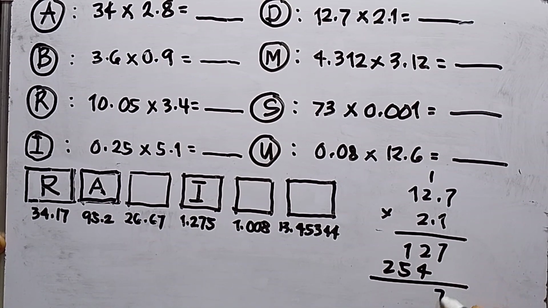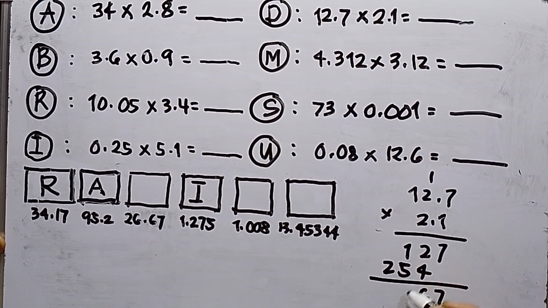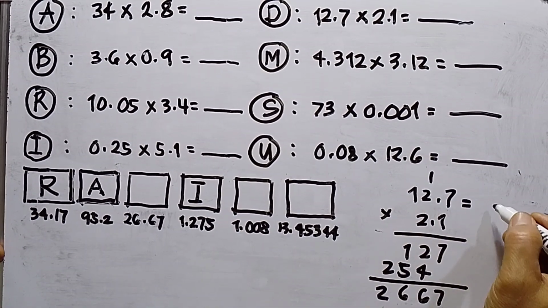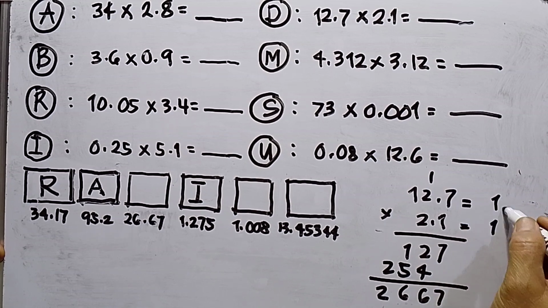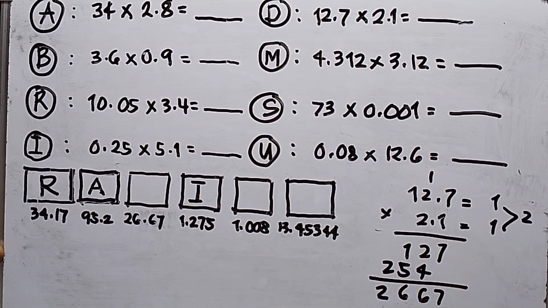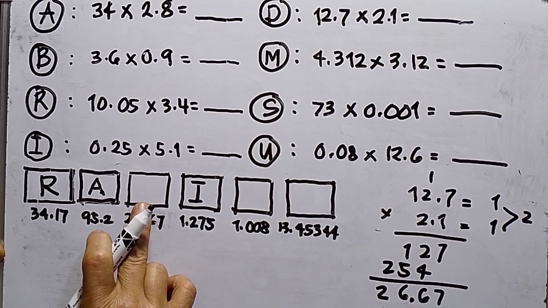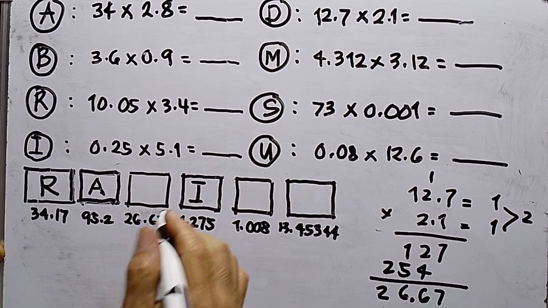Then sum up. Bring down 7. This is 6. This is 6. And then bring down 2. So how many decimal places for 12.7? Only 1. 2.1 is 1. So I've got 2 decimal places. So from the product, I count from the right: 2 decimal places, 1, 2. This will be 26.67. So this is in the third box, which is letter D.